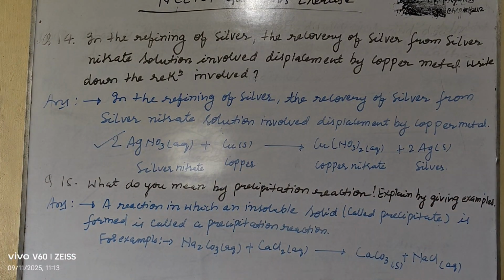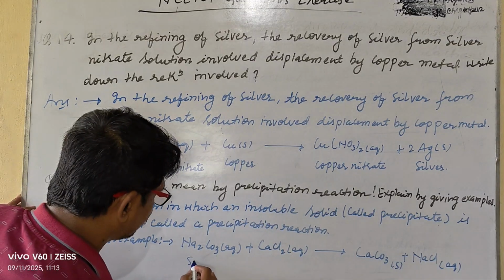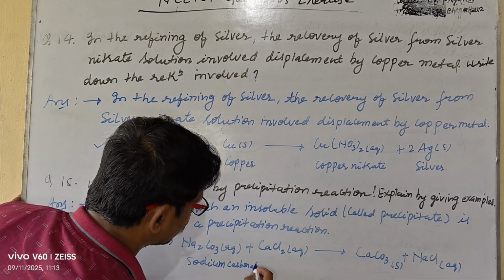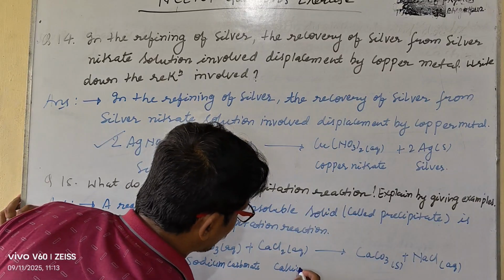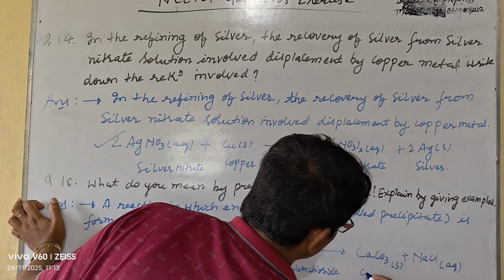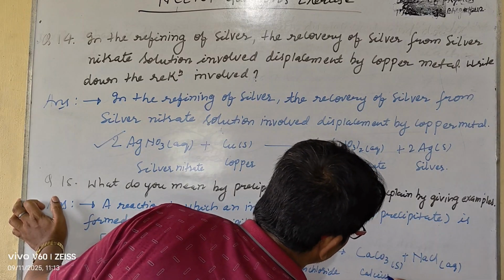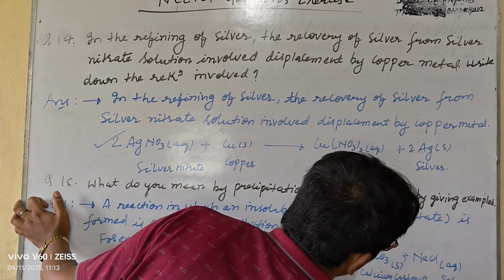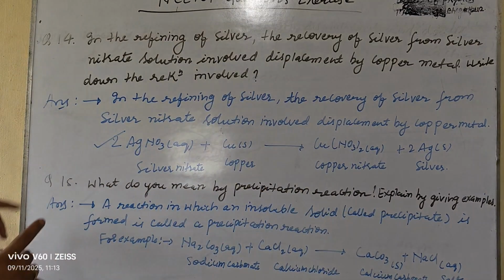This is sodium carbonate, calcium chloride, calcium carbonate, and this is salt, NaCl.